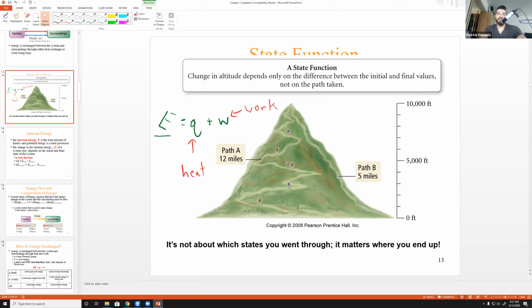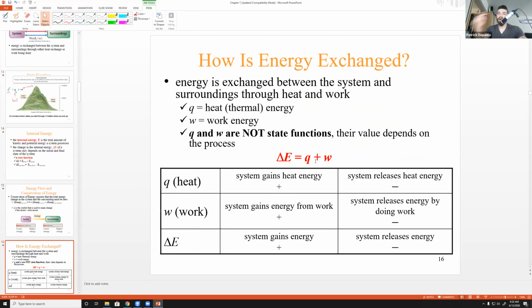The force, you're still walking. This is not the best example, but the work in B is probably going to be a little bit less than the work in A, but the heat will be more because you'll be generating a lot more heat to use your muscles to move up. You'll be sweating a lot more doing B than you will on A. Even though A will probably take longer, you'll probably be using a lot more heat on B. So Q and W do depend on the path taken, but together, when they make energy, they don't.